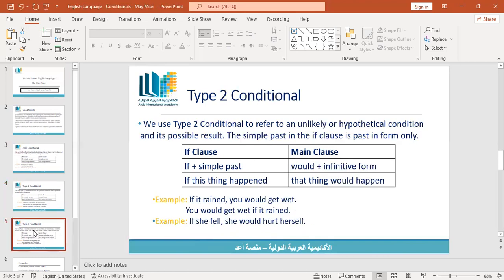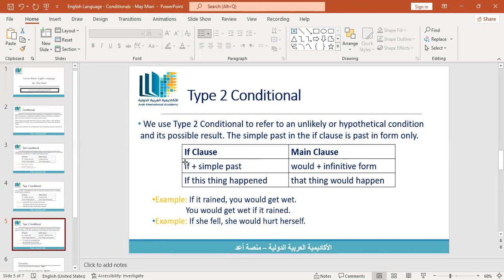Now for type 2 conditional, we use type 2 conditional to refer to an unlikely or hypothetical condition and its possible result. The simple past used in the if clause is past in form only, but in the meaning, it's not in the past.